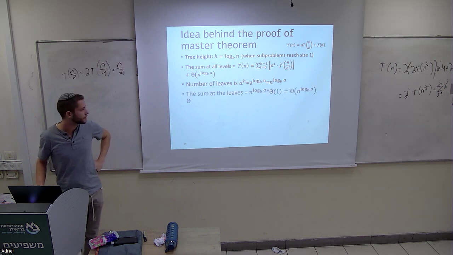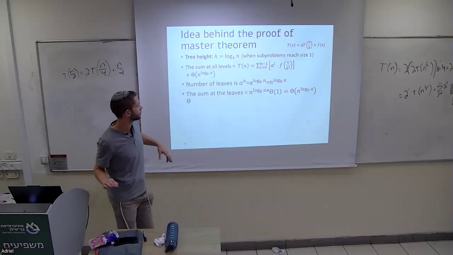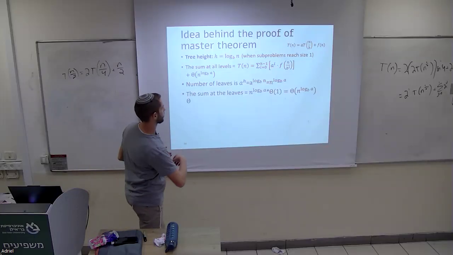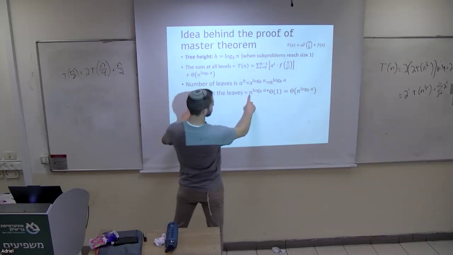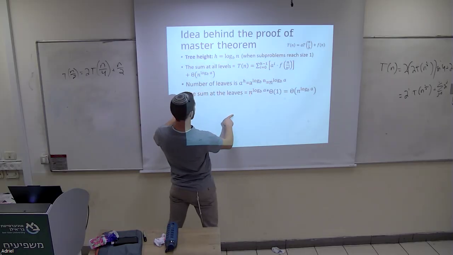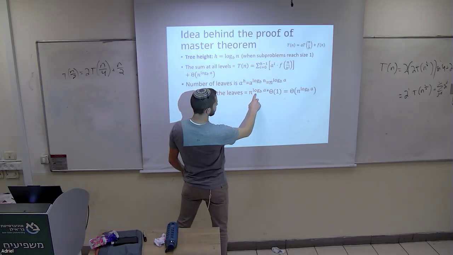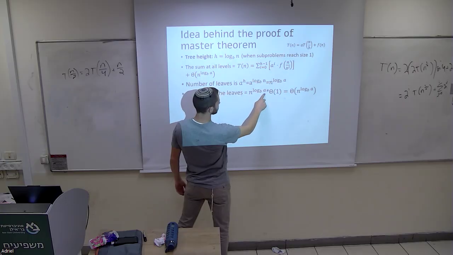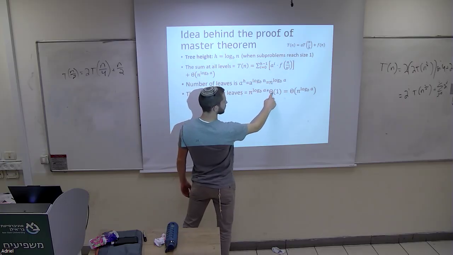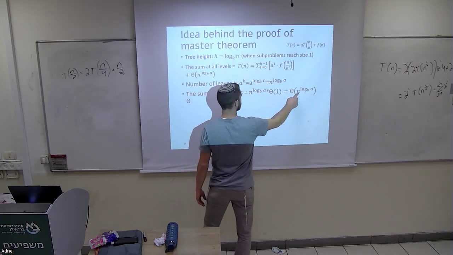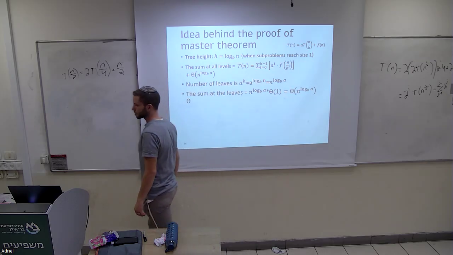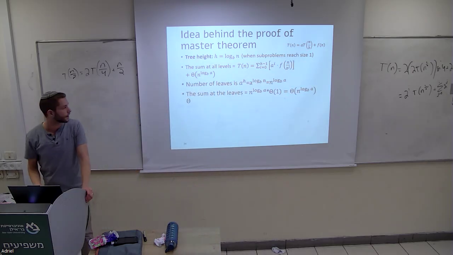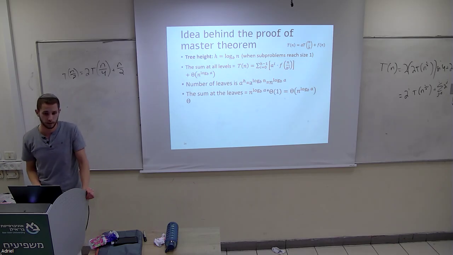Therefore, the number of leaves equals n to the power of log b of a, times theta of 1 at each leaf, which is theta of n to the power of log b of a. That's the amount of work we do at the leaves.